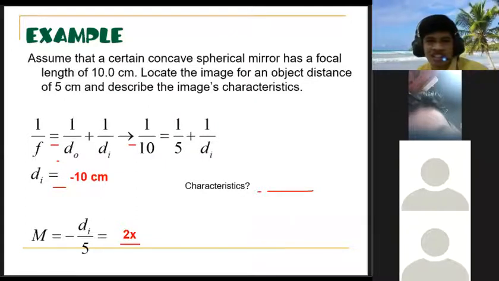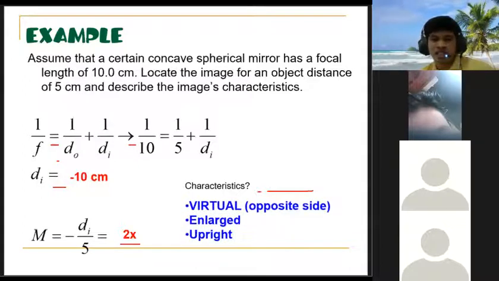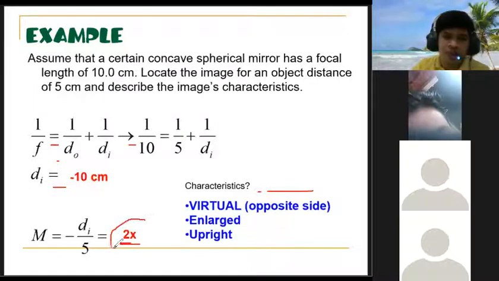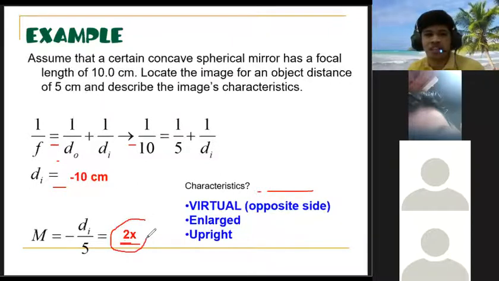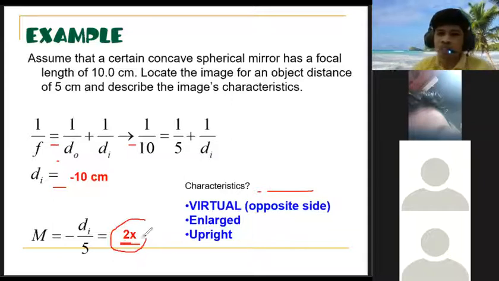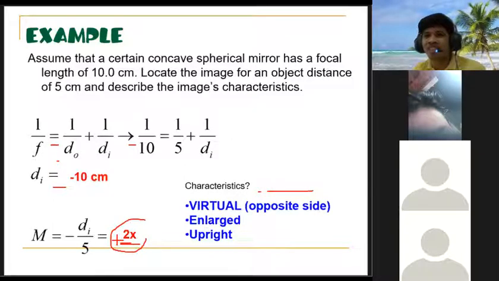So these are the characteristics: virtual because it is on the opposite side, enlarged because it's greater than one, 2 times bigger, magnified, and upright because it's positive. That is how we describe it.